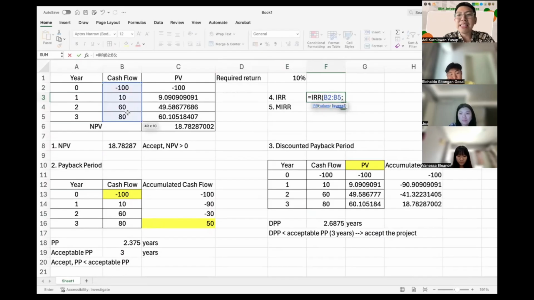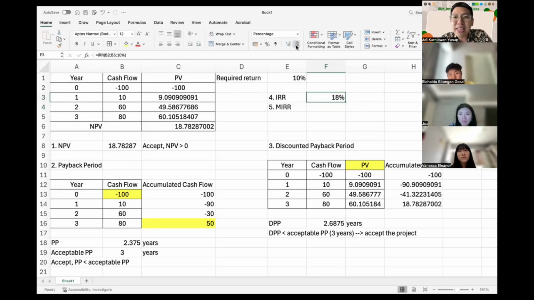And then the guess. The guess is not mandatory to input, but usually I add the required return, 10%. Then you will find it is 18.13%.